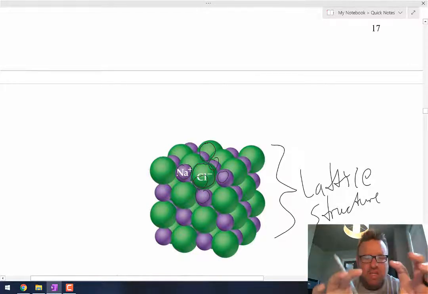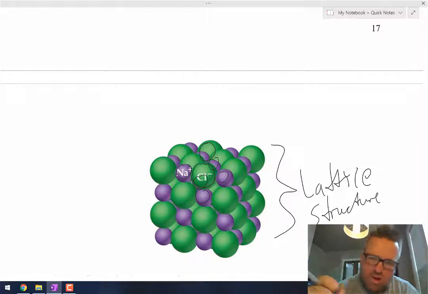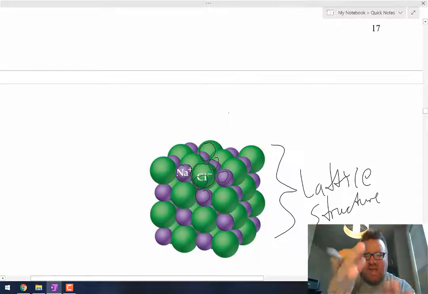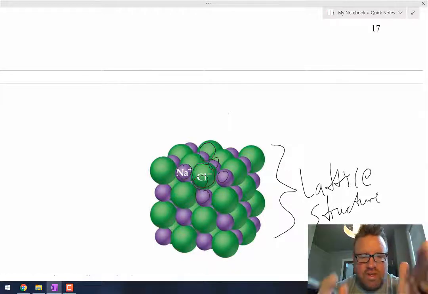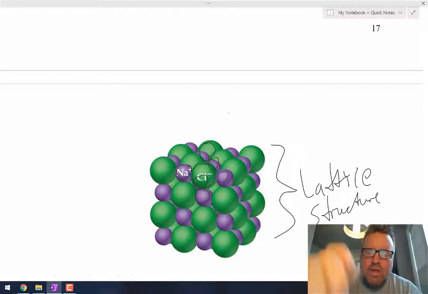So the positive charges are surrounded by a whole bunch of negative charges, and the negative charges are surrounded by a whole bunch of positive charges. What that does is it gives ionic compounds very flat sides. If you look at salt under a microscope, salt has very flat edges like a cube, whereas if you look at sugar, which is not an ionic compound, it's very jagged.